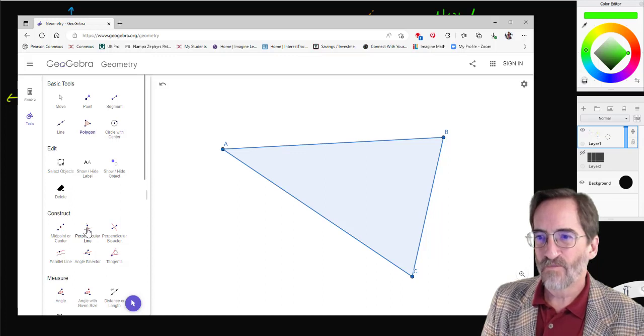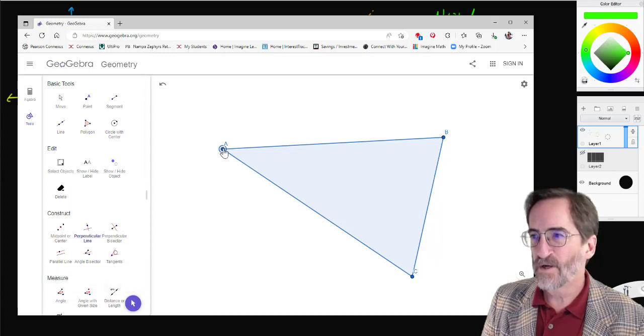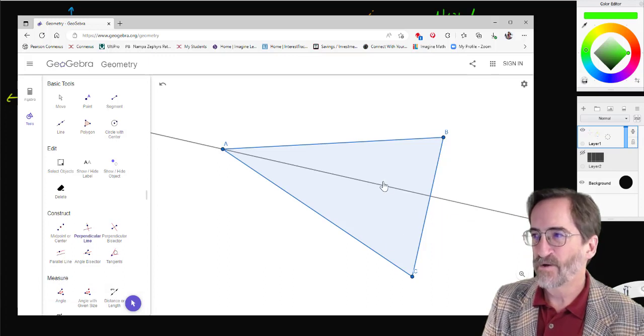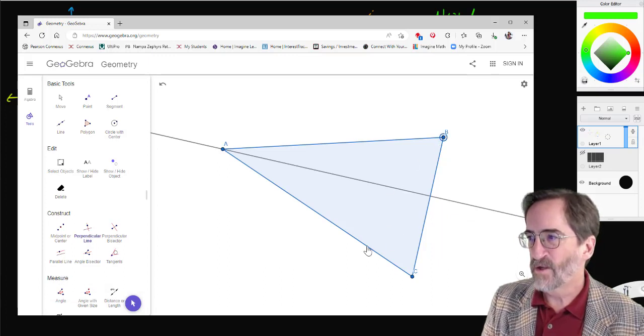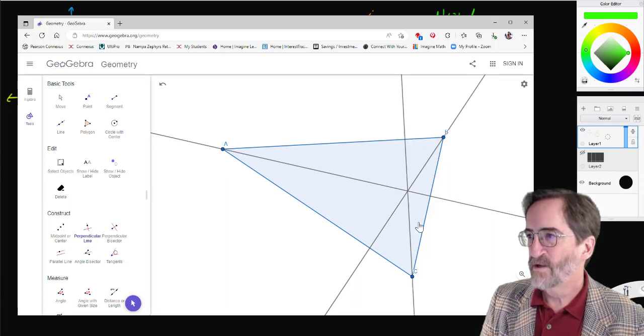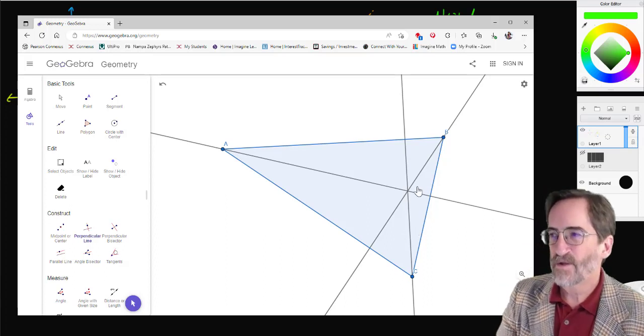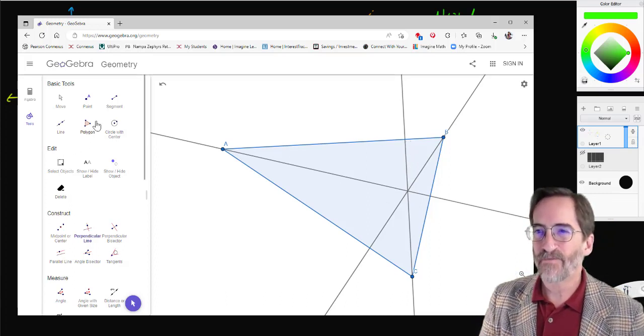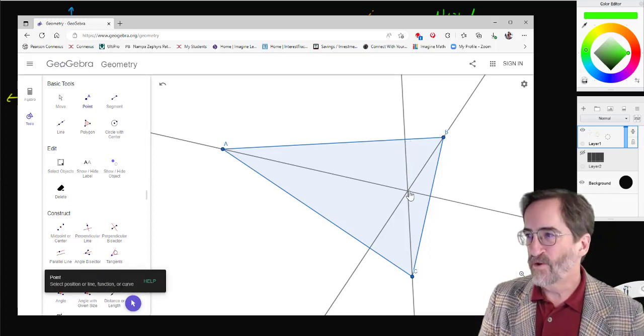Okay, so perpendicular to a line tool, click on a point A and click on the opposite side. There's the perpendicular. Click on the point B and click on the opposite side. There's the perpendicular from B. And from C, there we go. So these are altitudes. Each line goes through a vertex and is perpendicular to the opposite side. They meet at the point called the orthocenter.